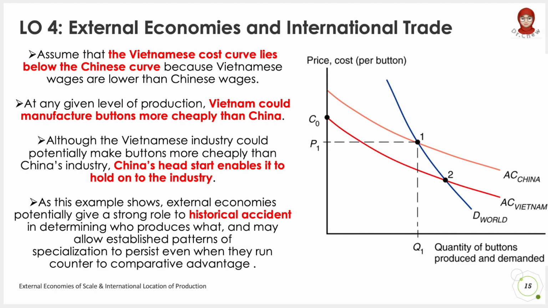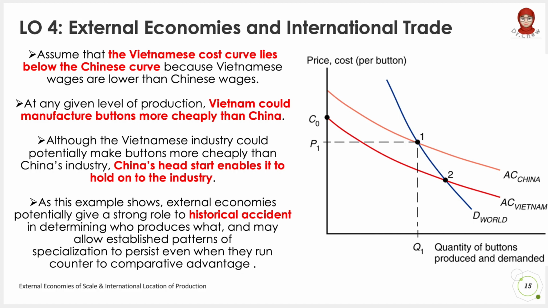We assume the Vietnamese cost curve lies below the Chinese curve because, say, Vietnamese wages are lower than Chinese wages. This means that at any given level of production, Vietnam could manufacture buttons more cheaply than China.